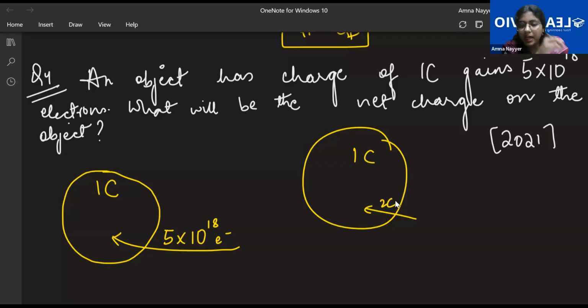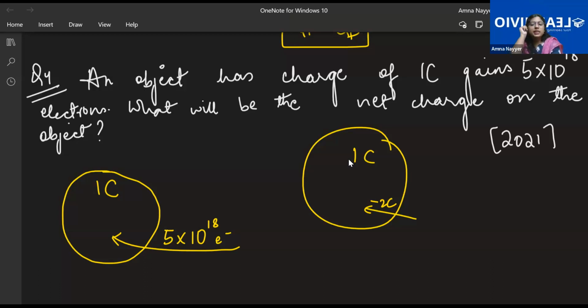No, 1 coulomb, I am saying 1 coulomb is already present in a body. 2 coulomb has entered. What's the total charge now? 3 coulomb. Exactly. Or if I say minus 2 coulomb has entered, you would have said the net charge is minus 1 coulomb.